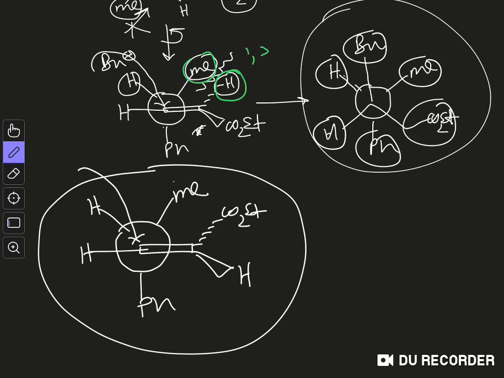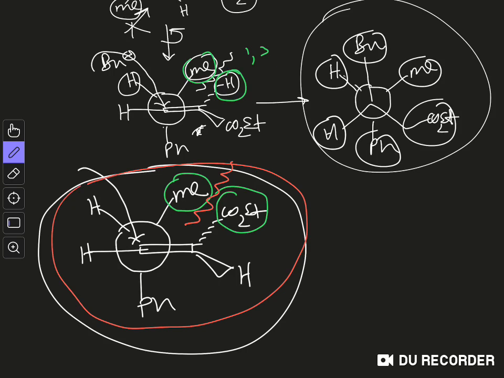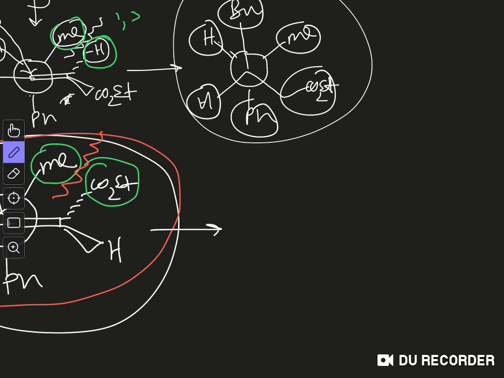But in this case you have a methyl group and a very large group, CO2Et. So there will be a high amount of 1,3 allylic strain which will not allow this conformation to exist. The population of this conformation will be very low, and it cannot react through it. So it will rotate, and it will go to the previous form.